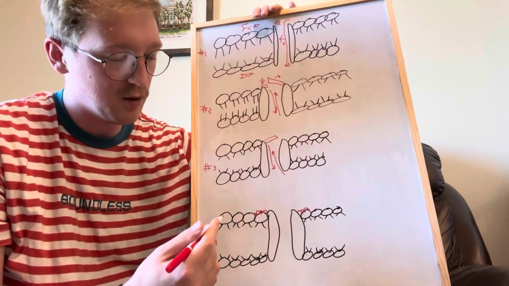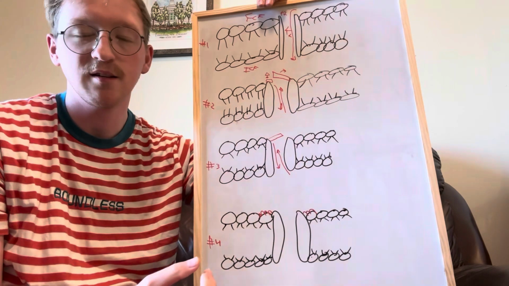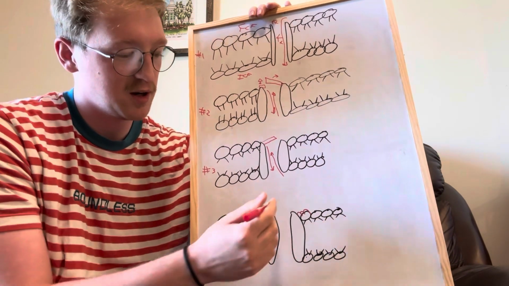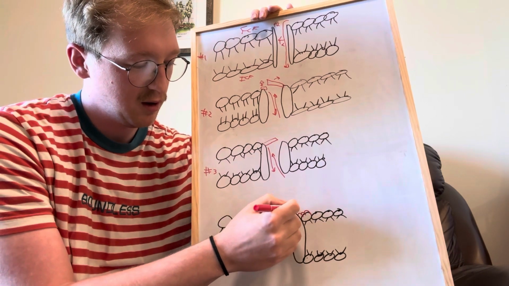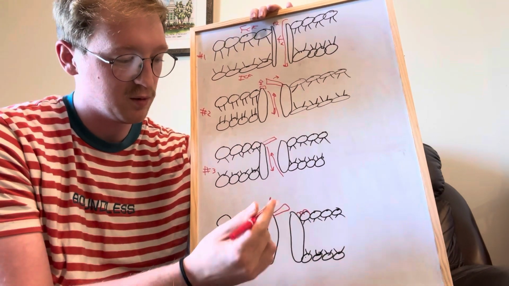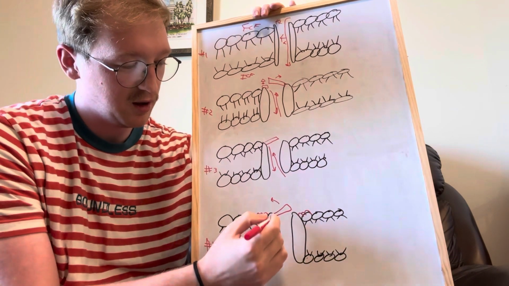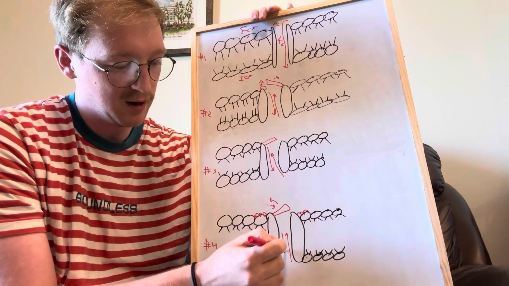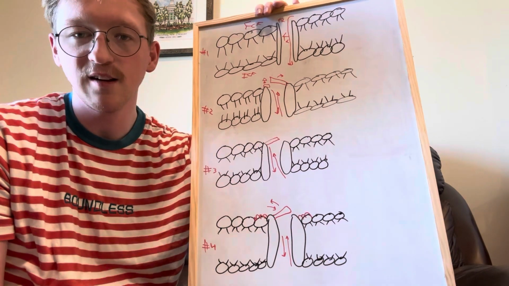The way that they work is through compression and stretching of the membrane. As the membrane stretches, it can open up this gate, or if it were to compress, it could close that gate, and it would allow flow in and out of the ECF and ICF.